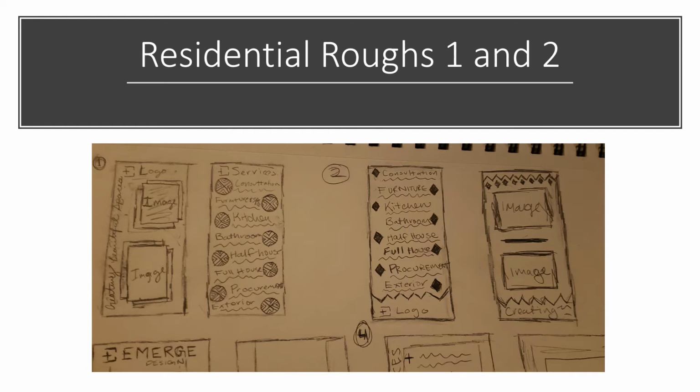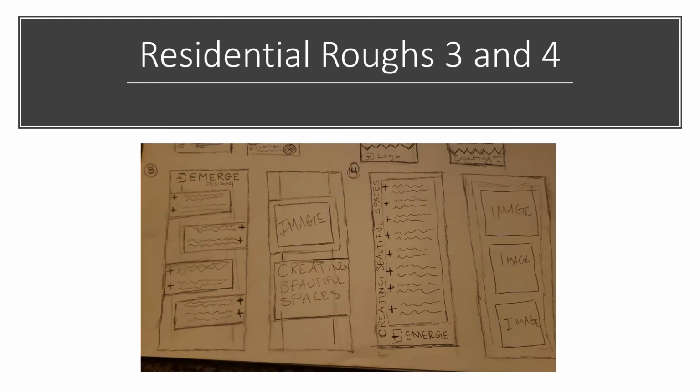However, going further into my sketches, as we see here, I started to realize that having an element in my design that created a connection with the words on the insert and the merged brand was important if the design was to be successful. That's when I started adding the plus signs. And I also started playing a little bit more with some geometric shapes that seem to work a little bit better than my original.